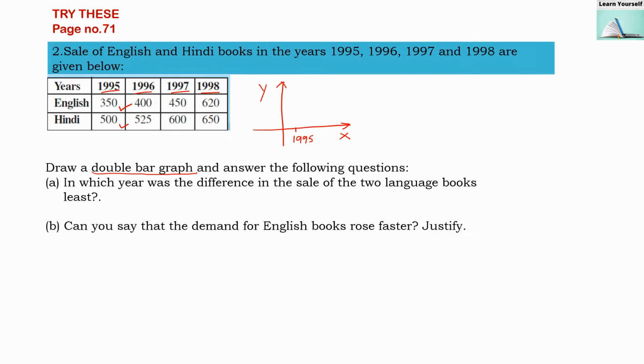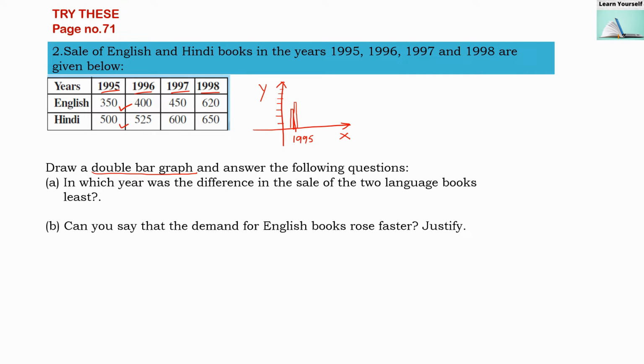And here we are going to take a scale for the number of books sold. For 1995 we are going to show two bars, one bar for English, one bar for Hindi. So it will be something like this. In 1995 we are going to show two bars like this. That's why it is known as a double bar graph.